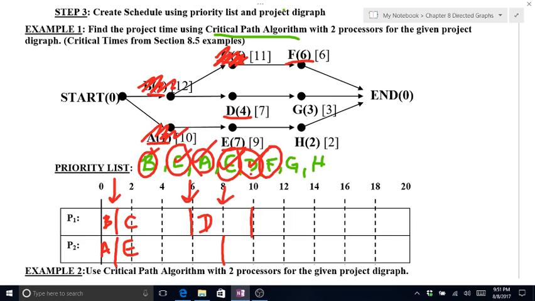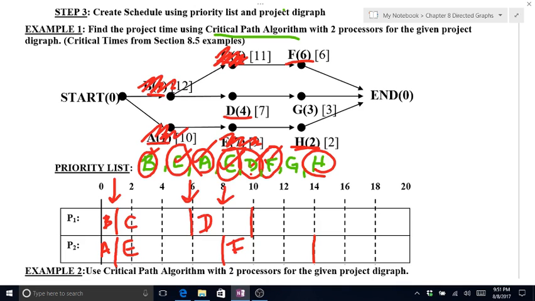At 8 minutes, E is finished, which makes H eligible. The next one ready according to my priority list is F, so that gets scheduled next, and that's 6 minutes. That takes me to 14.